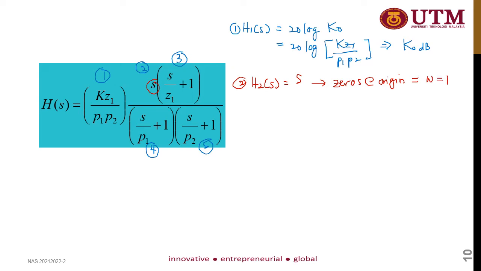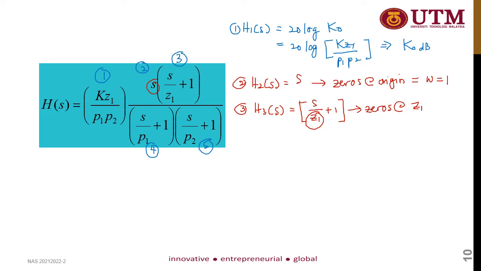This is the origin, not 0. Move on to the next numerator, the third one, h3s equal to s divided by z1 plus 1. S on top is known as zeros, but now it is at the z1 position.